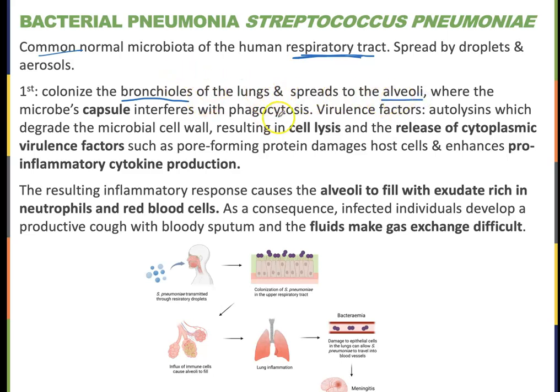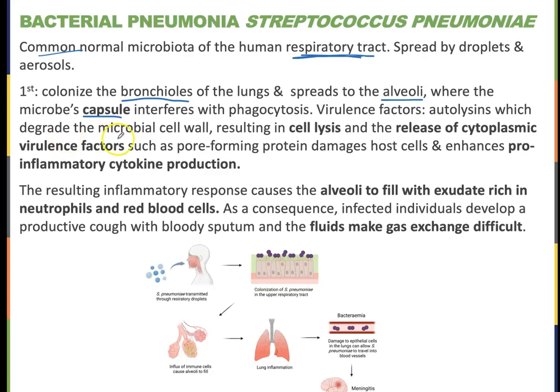So this bacteria can get way down in there, and the alveoli, as we remember, have those macrophages. But Streptococcus pneumoniae has a really big capsule, so the phagocytes down there have trouble with phagocytosis. On top of that, there are other virulence factors like autolysins that degrade the walls, resulting in cell lysis.